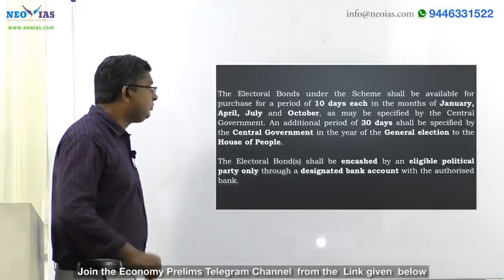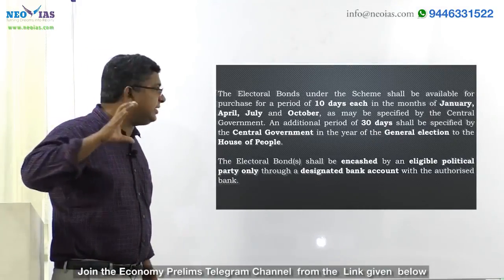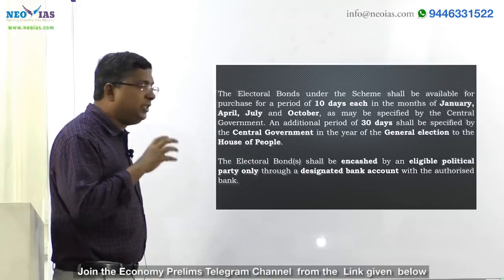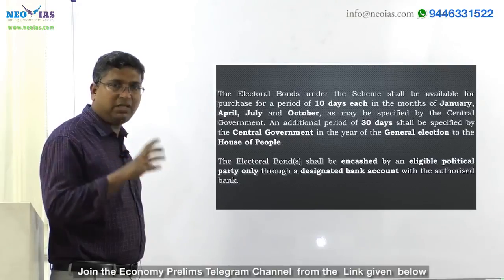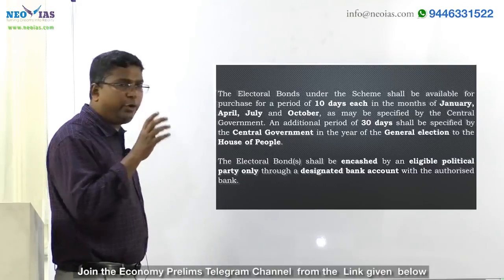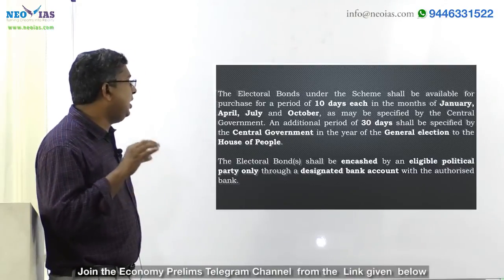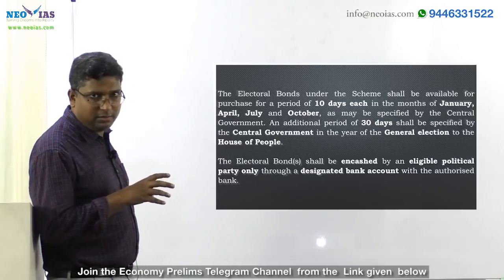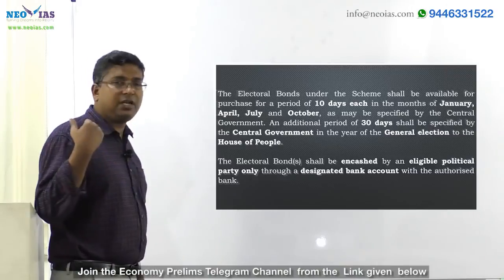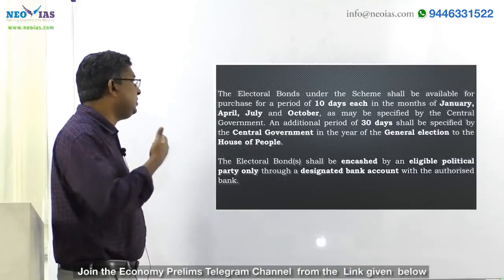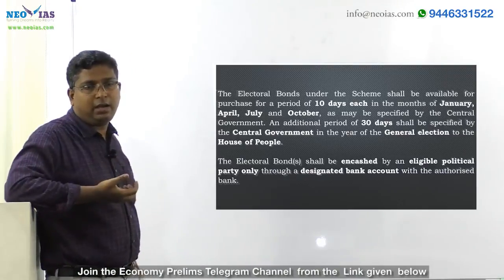Then, in the months of January, April, July and October, and that too for a period of 10 days only, this scheme will be available as notified by the central government, and during the general election period an additional 30 days shall be specified by the central government.